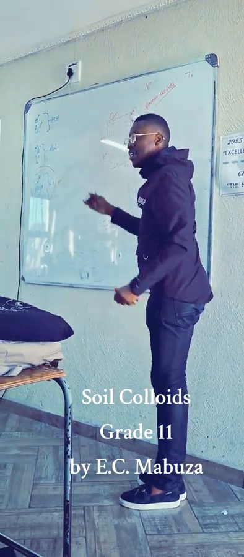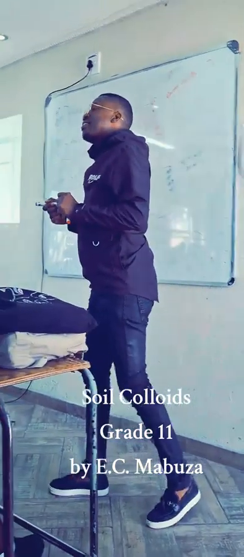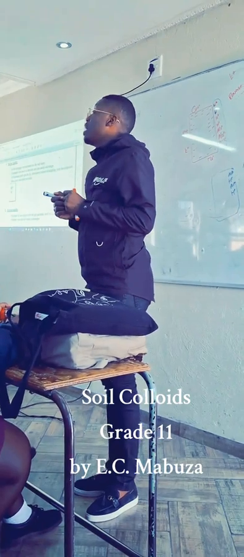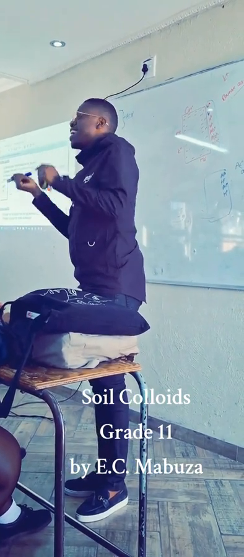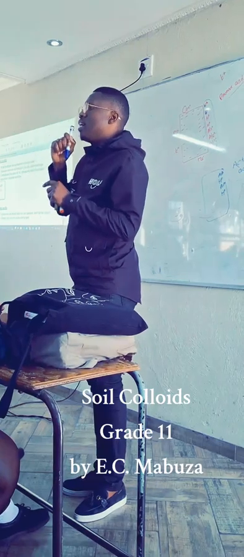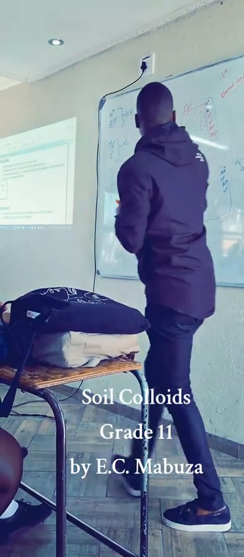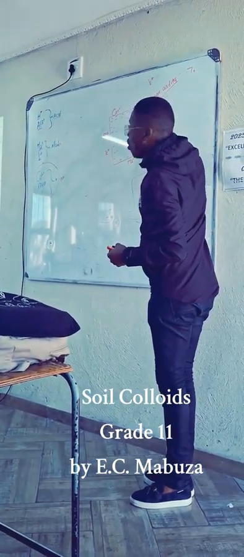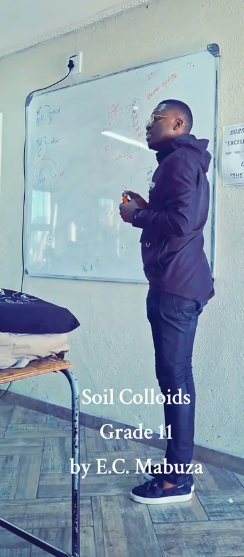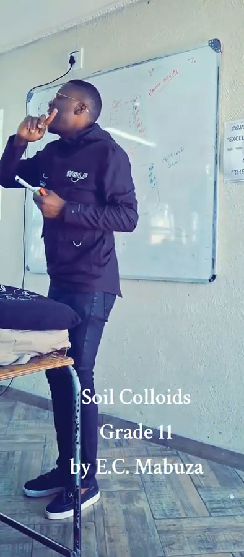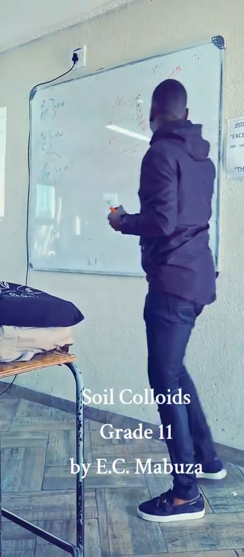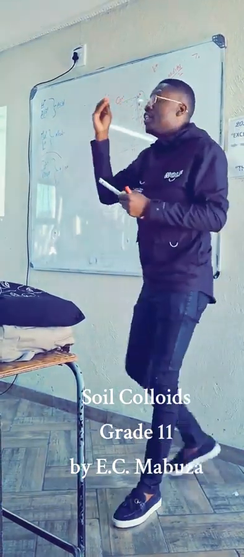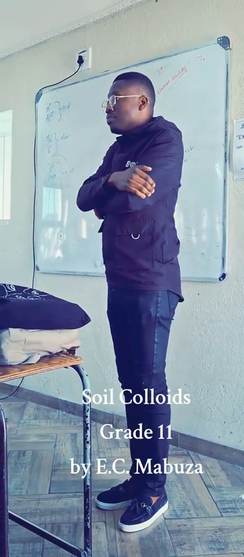I said the cations in the soil are not permanently kept there. They can be exchanged for other cations. The ones that adhere on the surface of this particle cannot easily be exchanged. But once they are concentrated in the solution, they can be exchanged.